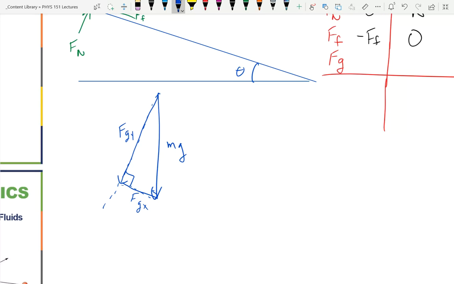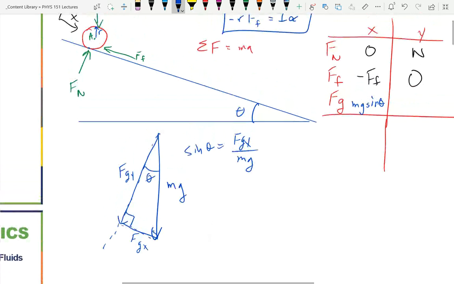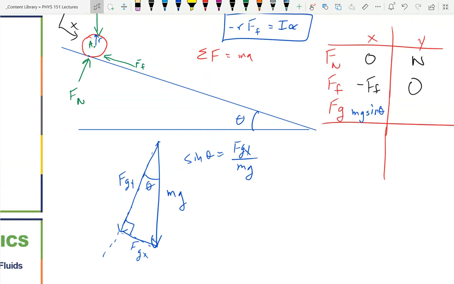Which angle do we know? By methods we've talked about before, I know that's the angle. And so the opposite side is FGX. Sine theta equals opposite over hypotenuse, which gives us mg sine theta. My arrow is in the positive x direction, so that's a positive mg sine theta.